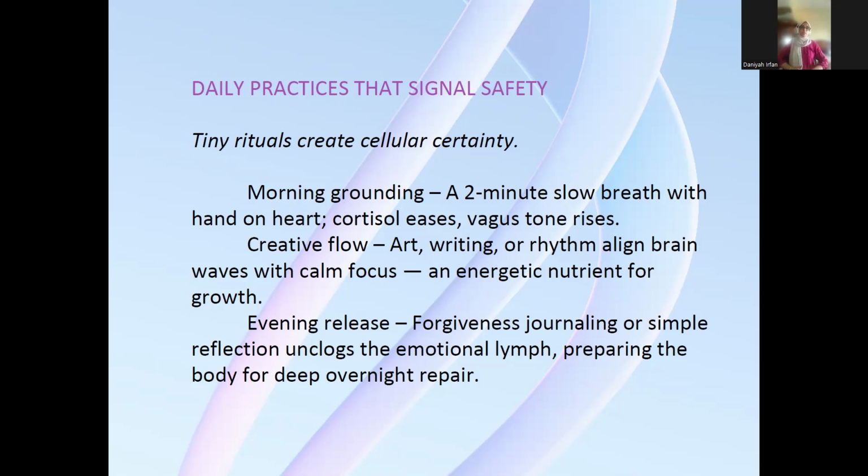Now, evening release. If you engage in forgiveness journaling or simple reflection, that unclogs whatever emotional baggage you have been carrying. It prepares the body for deep overnight repair.